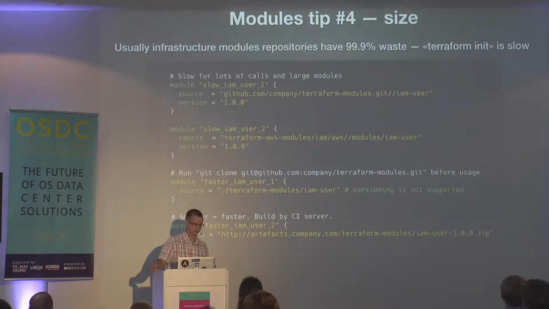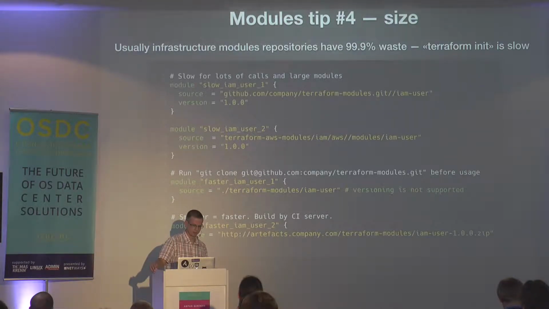This can be solved in two different ways. One is to prefetch all these dependencies before usage, and the second one, which is much better, is to actually build these small infrastructure modules and again try to treat infrastructure the same way as we do with application. So application is treated by CI and an artifact is produced. So why should Terraform configuration be treated differently?